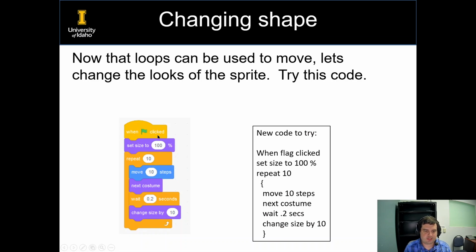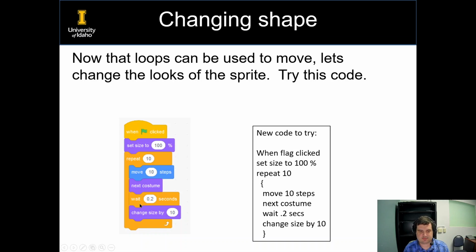The next thing we can also do is set the size, and this is inside of that look section. You can have it set the size to 100, and then whenever it does its little move system, have it change its size by 10. Now, one thing to notice is that it moves 10 steps, does the next costume, waits 0.2 seconds, then changes its size, and then it comes back up to the top, and it happens 10 times.